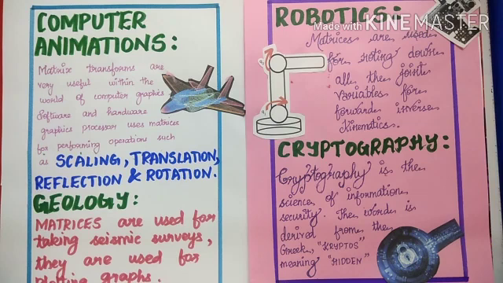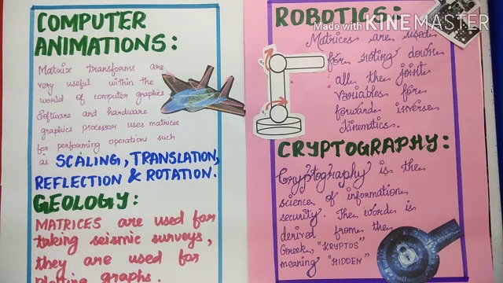Matrices are used in computer animations as transforms, in scaling, translation, reflection, rotation. In all these cases, we use matrices. Also, the graphing helps us to take seismic surveys in geology.